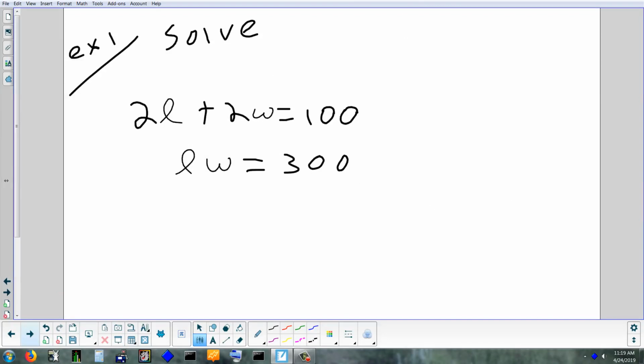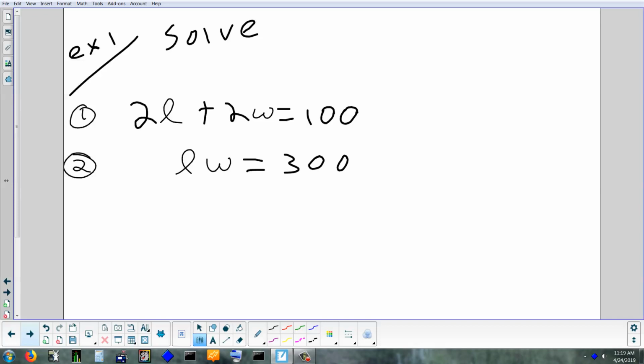Okay, so step 1 is to pick one of these equations. We'll call this one equation 1, equation 2, and solve it for a variable. You can't really make a wrong choice. You can make a more difficult choice, but you can't really make a wrong choice.